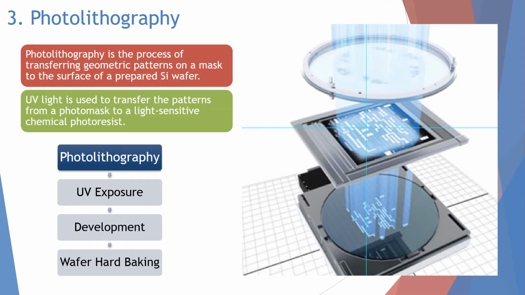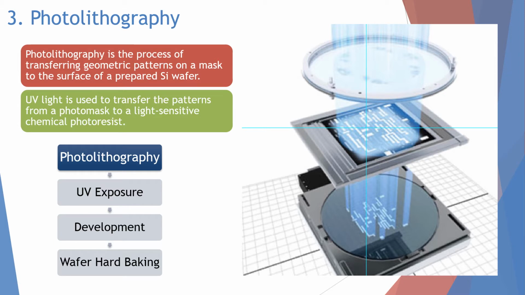The most common one that we use is UV exposure. There are other processes you're going to look into later, for example X-ray lithography and ion beam lithography, which we will cover after this. What I want you to understand is the process of transferring the geometric pattern to the mask first.